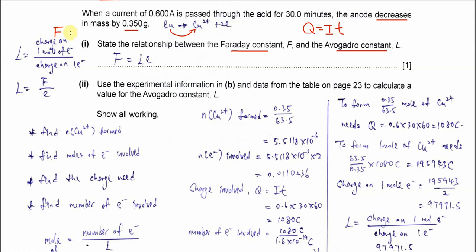The Faraday constant tells us the charge carried by 1 mole of electrons. So the Faraday constant over the charge of 1 electron is the Avogadro constant, meaning 1 mole of particles, or 1 mole of electrons. So we have F over e, where e is the charge on 1 electron. Therefore F is equal to L times e, the Avogadro constant times the charge on 1 electron. That's the relation.